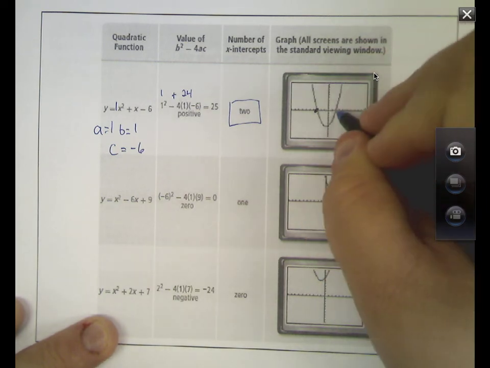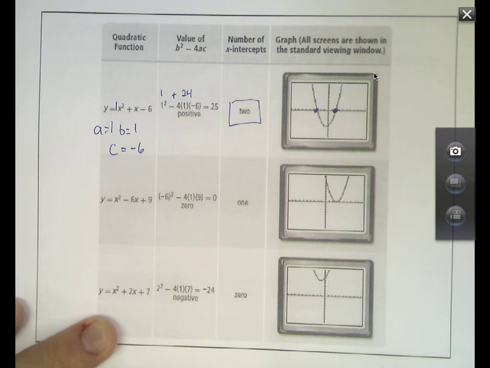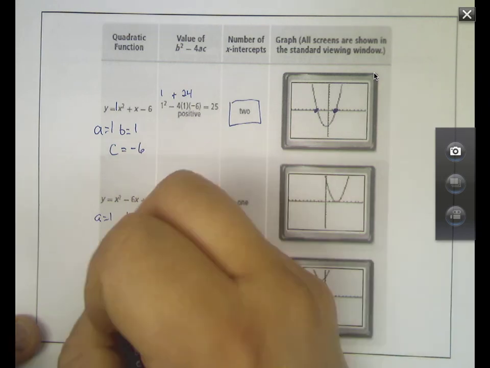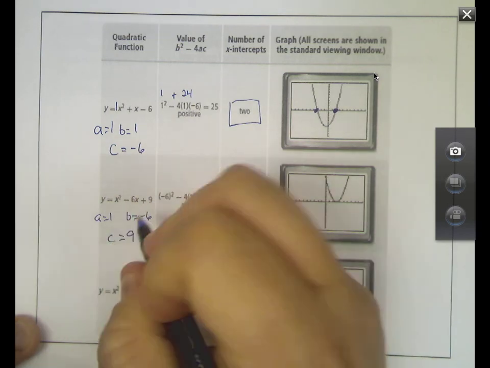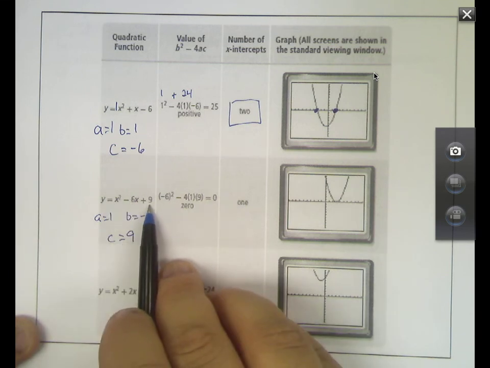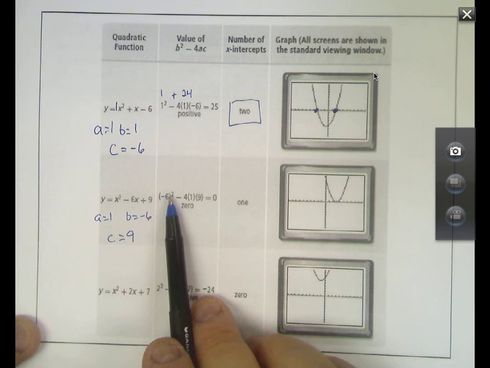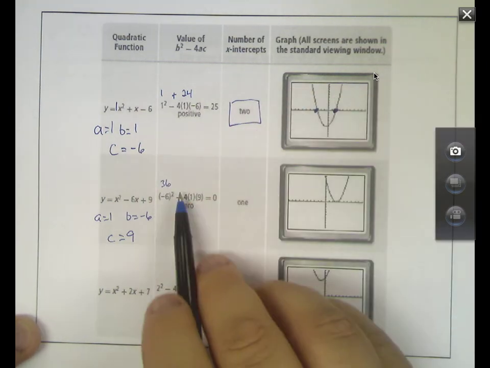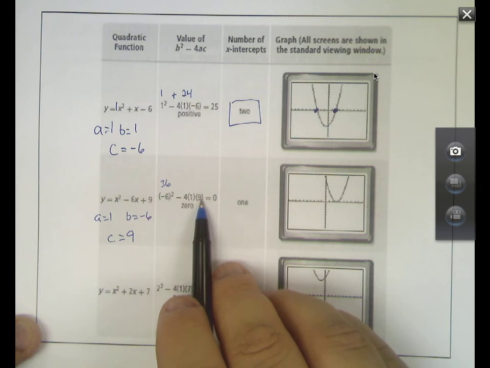Which means if you went ahead and graphed this function, you're going to look for 2 solutions. One right here, one right here. This next one here, my A is 1 again, my B is a -6, my C is 9. Okay, A, B, C. Put a -6 in there, it's 36.